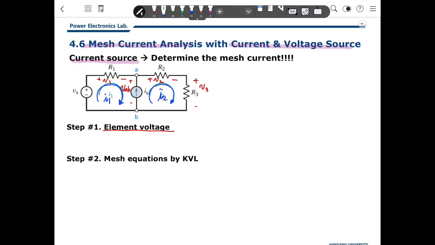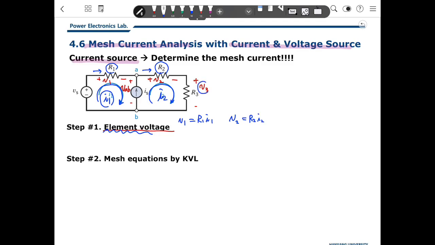So what are the element voltages here? V1 is R1 times the current here, which is only I1, so V1 is R1 I1. And V2 is R2 and the current here is only I2, so V2 is R2 I2.